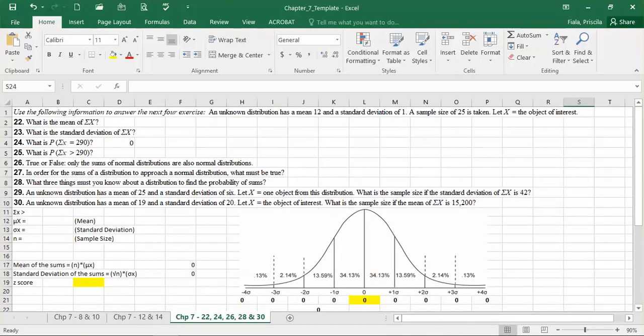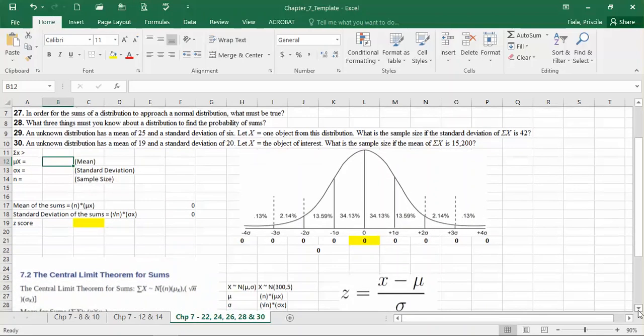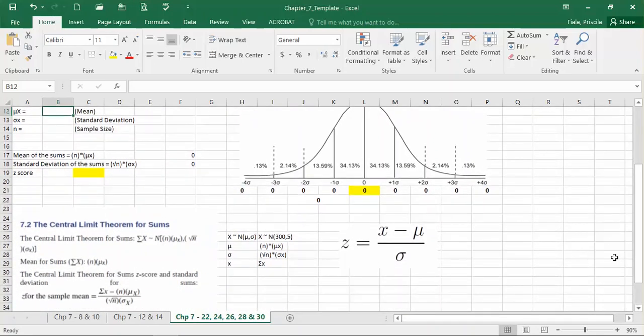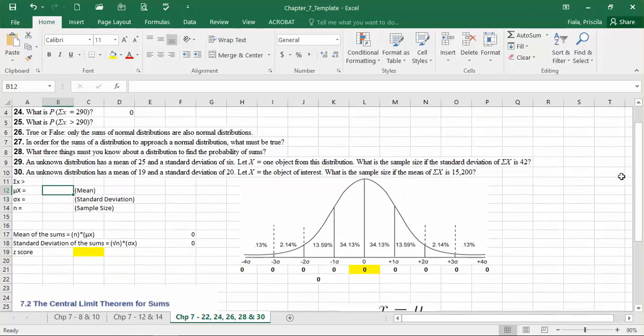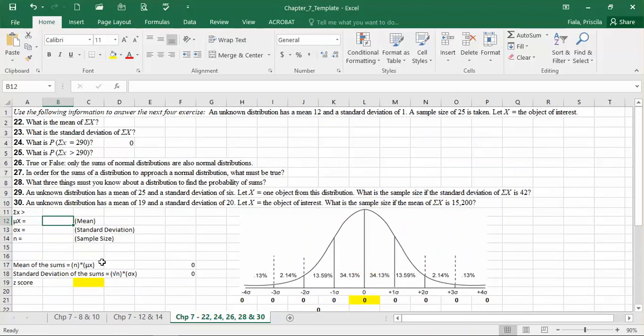So let's read the problem carefully. So let's suppose that this is your midterm. Okay, it says that an unknown distribution has a mean of 12, and it would be nice for you to get in the habit of using a template, because once you get used to solving this kind of problems, you know exactly what goes where.